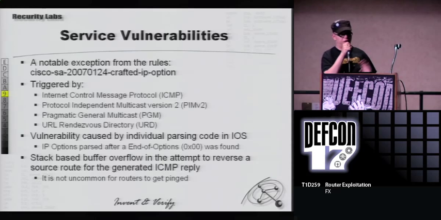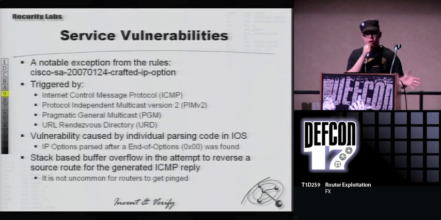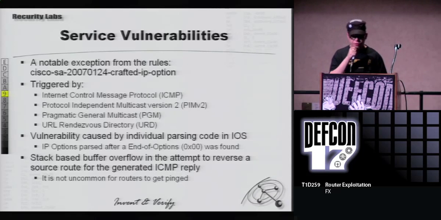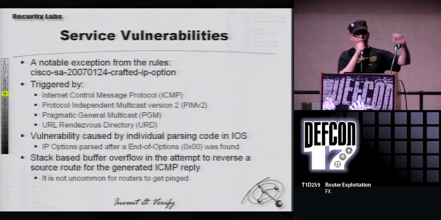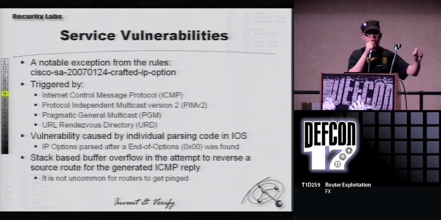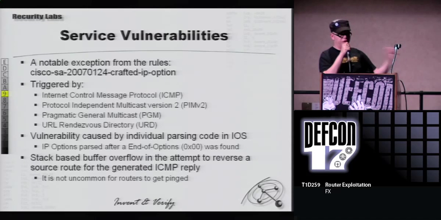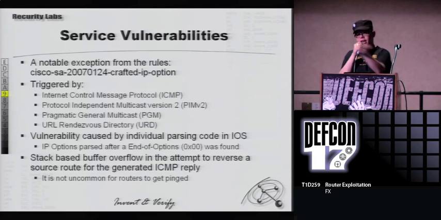So we allocate a static buffer on the stack that holds exactly those 8, and then we parse it. And then we turn it around, which is a buffer overflow. Funnily enough, they also do that when you put a stop option in front of it. So it actually says end of option, so any sniffer, any IDS sees no options. And anything else is Cisco and sees a buffer overflow.